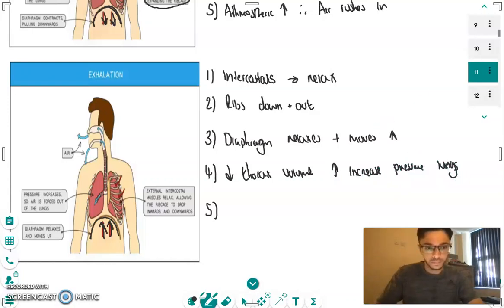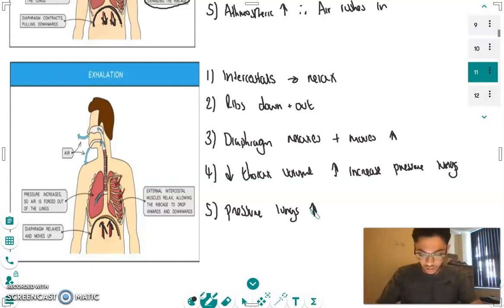So now, just to wrap it all up again, the pressure in the lungs is higher than the atmospheric pressure, therefore it forces the air out, and that's expiration.